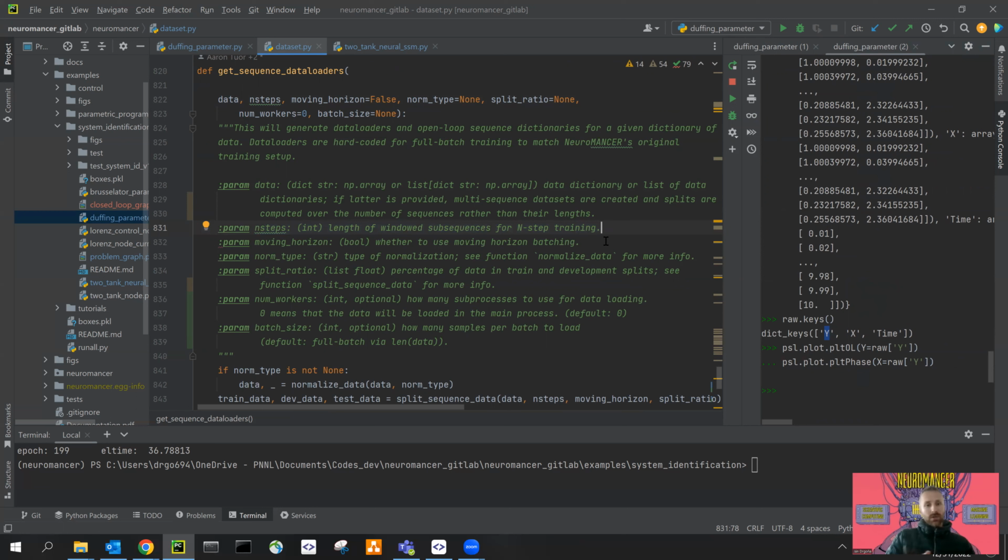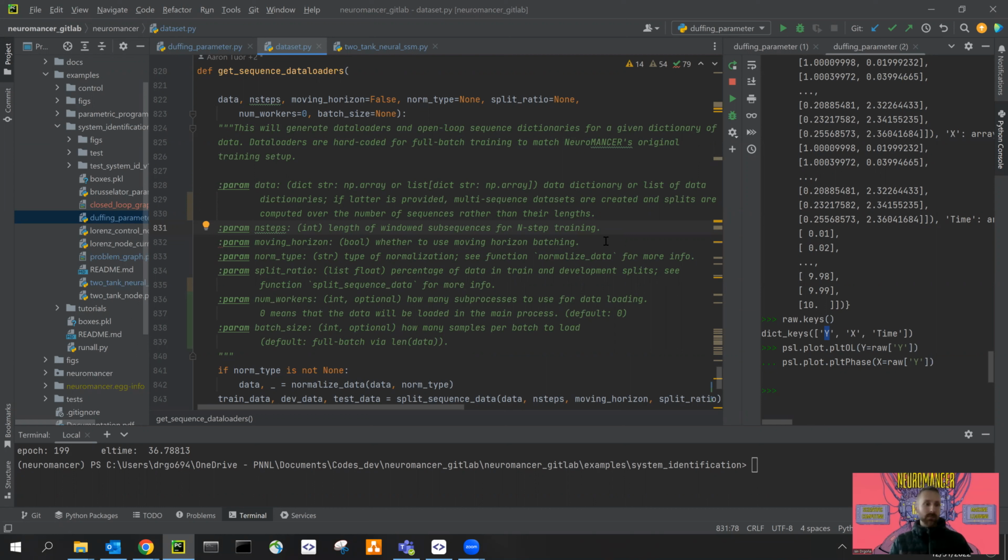Let's say you provide a trajectory of 100 time steps and you provide n steps equal to 10. You will cut the trajectory into 10-step long horizon sub-trajectories, so you can have different batches.